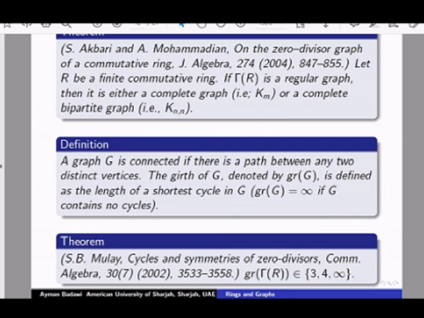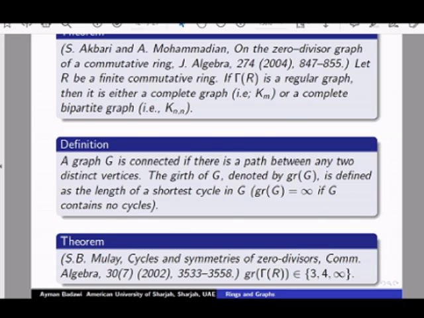But they were not able to give examples of a zero divisor graph of girth 5 or 6 or 7. But the theorem, if you read it in the paper by Anderson and Livingston, says that the girth is always less than or equal to 7.